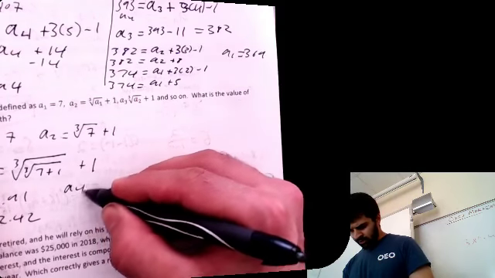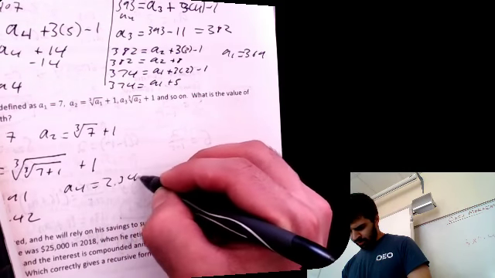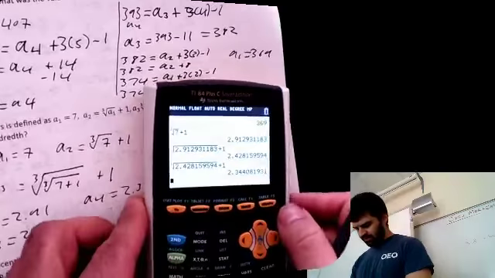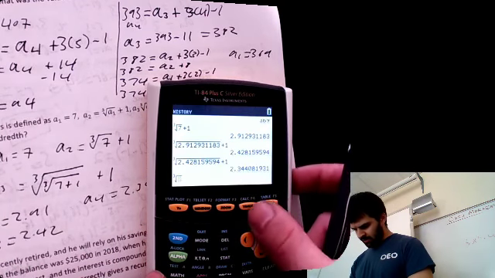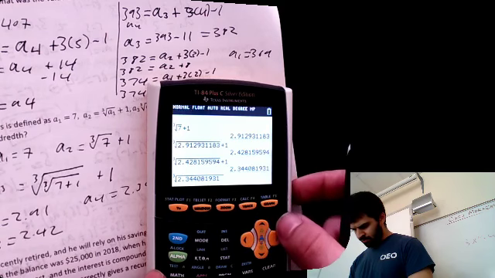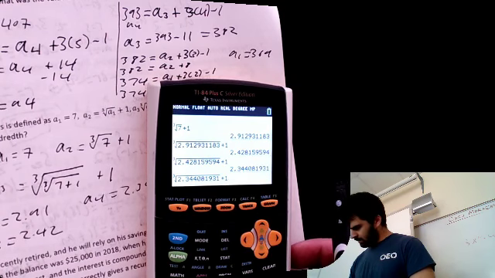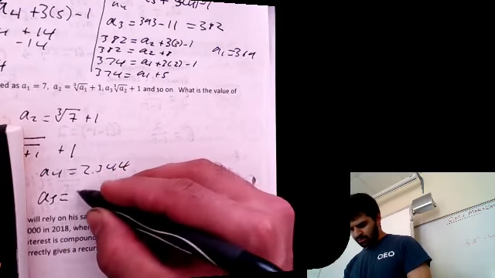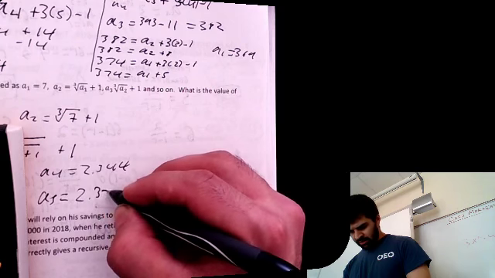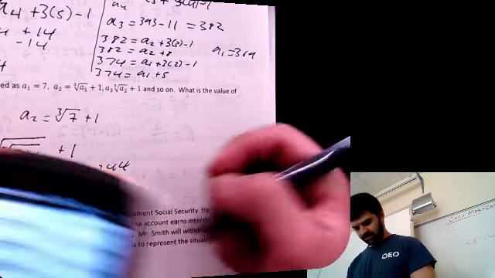So A4 is equal to 2.344, and A5 is going to be the cube root of that value plus 1. That's going to be equal to A5 is equal to 2.328.